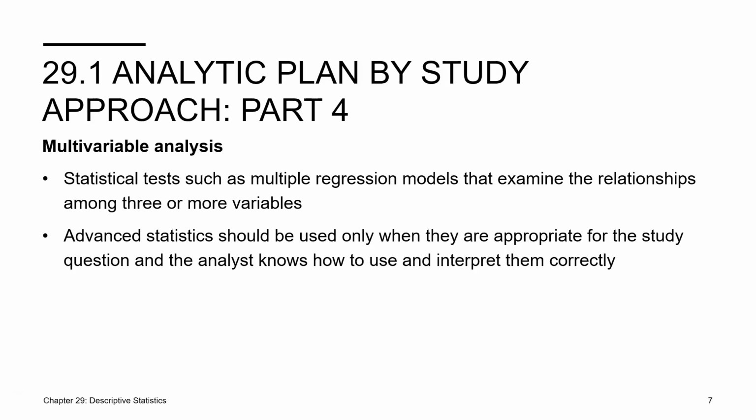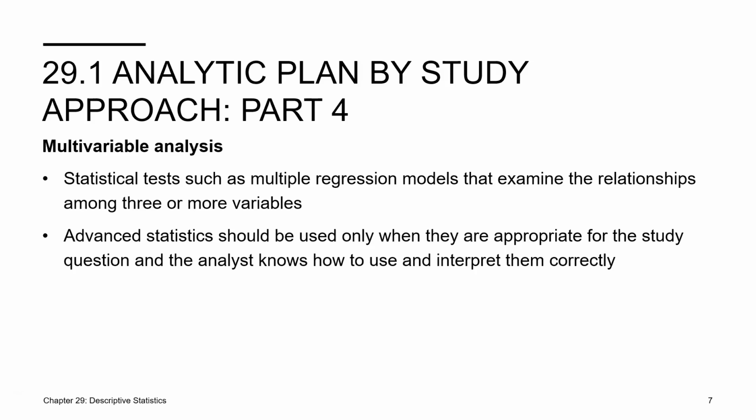So it could be that you're looking at differences in Alzheimer's disease and related dementia prevalence among racial and ethnic groups. The race and ethnicity group is your independent variable. Your Alzheimer's disease and related dementia is your dependent variable. And if you adjust for things like age and sex, those would be your adjusted covariates in a multivariable analysis.